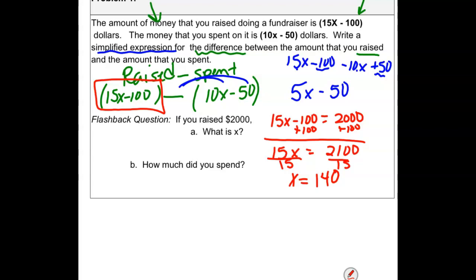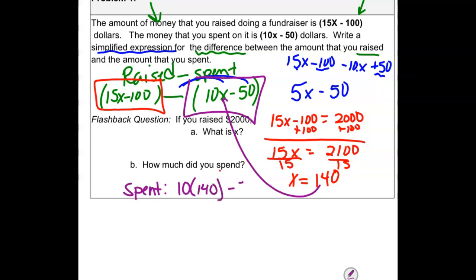All right. So if x is 140, can we then figure out how much we spent? The amount spent was represented by this, right? And if we know that x is 140, can we plug it in? So we have 10 times 140 minus 50.